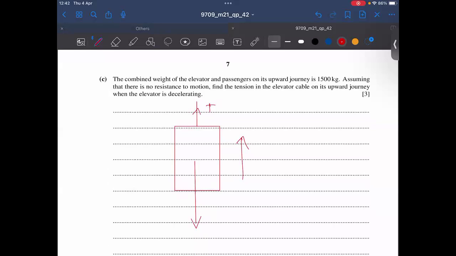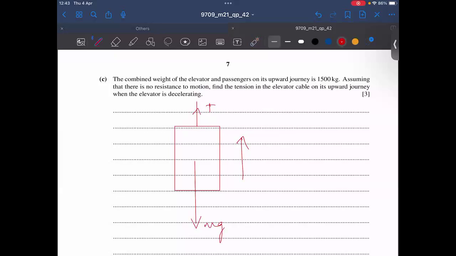And what is the combined weight? 1500 g, basically mg. Assuming that there's no resistance to motion, there's no other force. You just have the tension acting on the elevator and the force of gravity.